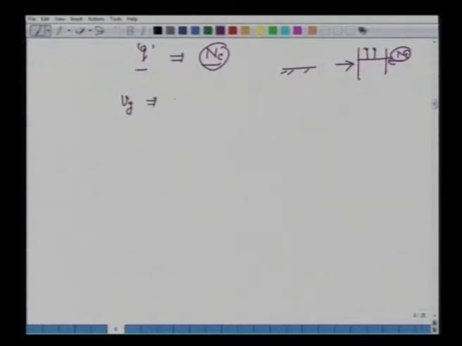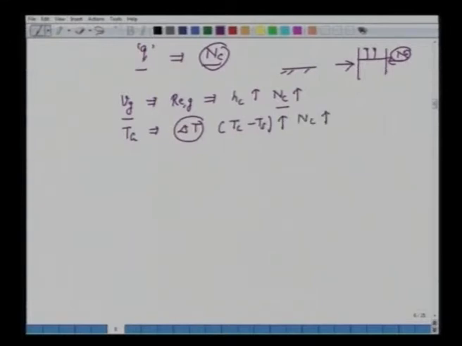Okay, so the first thing we can discuss qualitatively here is the velocity of air. If the velocity of air is very large, we will expect a large Reynolds number. The heat transfer coefficient will be very large, and given Tg, you will expect that Nc will also be larger. So the rate of drying or rate of evaporation will increase if velocity is large. Similarly, if the air is at high temperature Tg, the driving force for heat transfer, Tg minus Ts, will increase, and Nc will also increase.